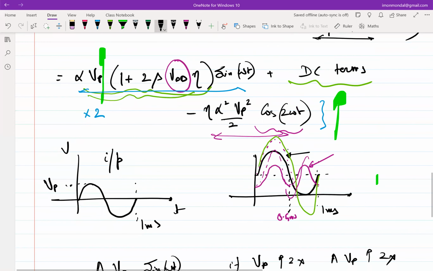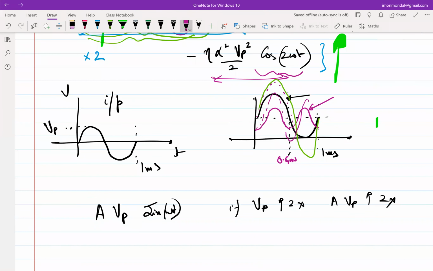Now, if you see the undesired term, what do you see? You get cosine 2 omega t, and you have something which is maybe B times VP squared, right? So if VP increases by 2x, what does B VP squared do?